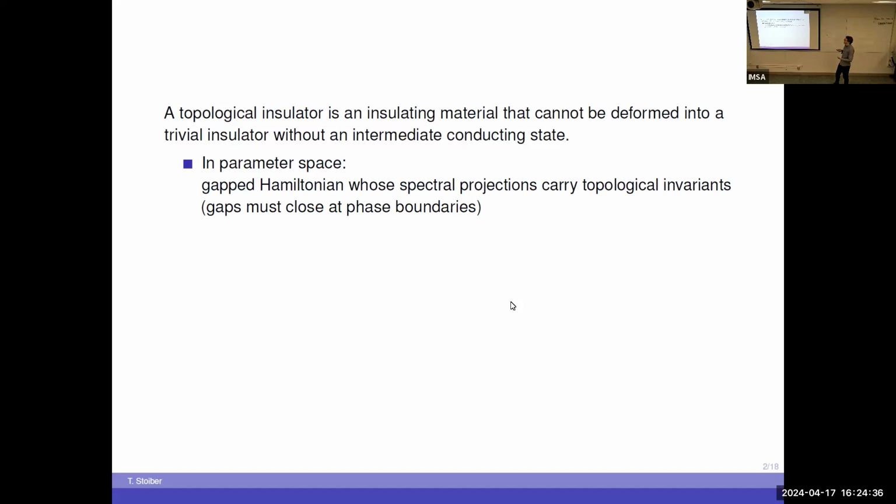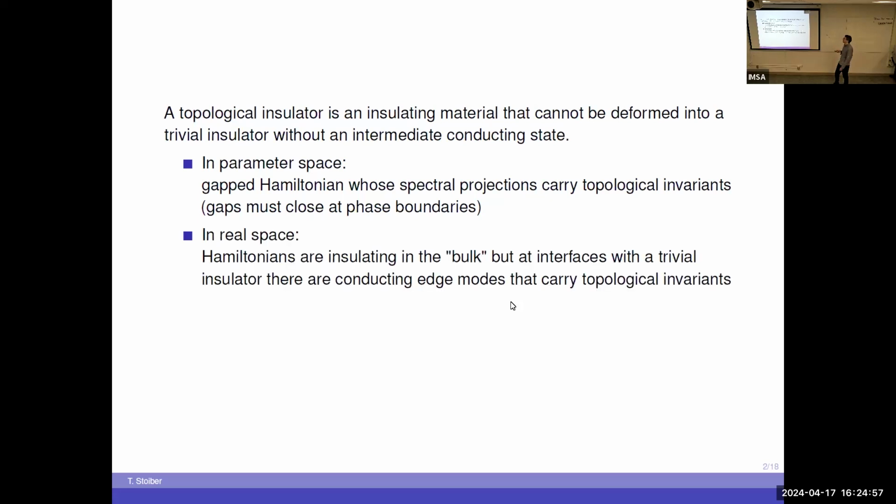We are thinking in the non-interacting picture, with spectral projections which have some topological invariants. Therefore, if we have some homotopy, those topological invariants stay the same unless we close one or more of the gaps. So the phase boundaries are exactly the points where the gaps close.